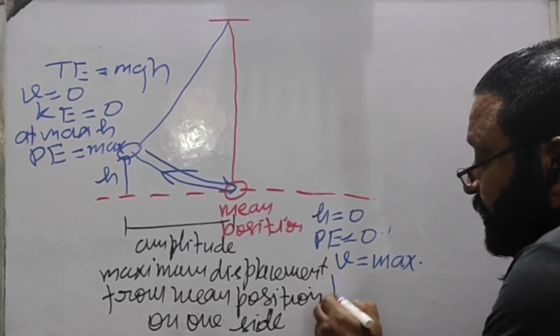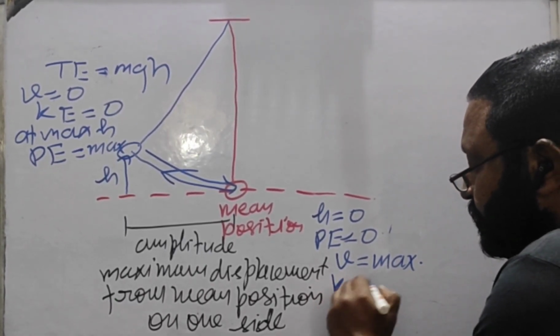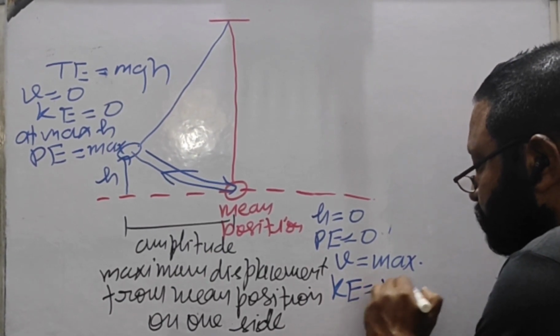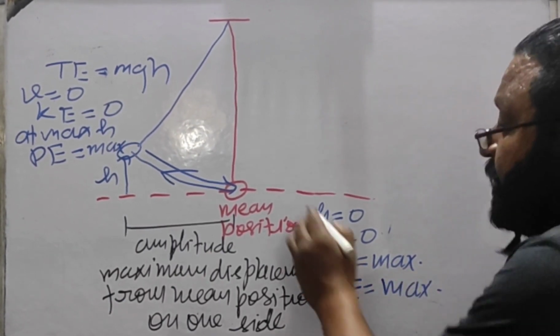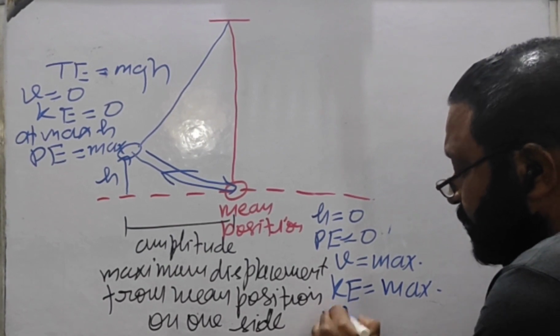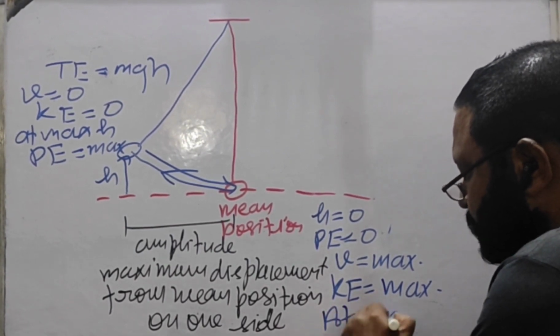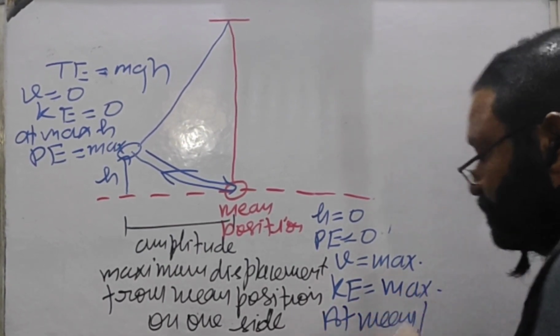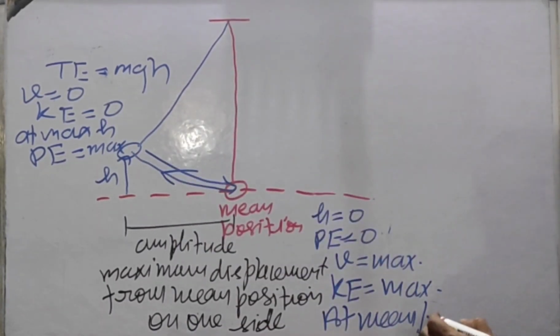So kinetic energy is maximum at the mean position, right? Velocity is maximum at the mean position.